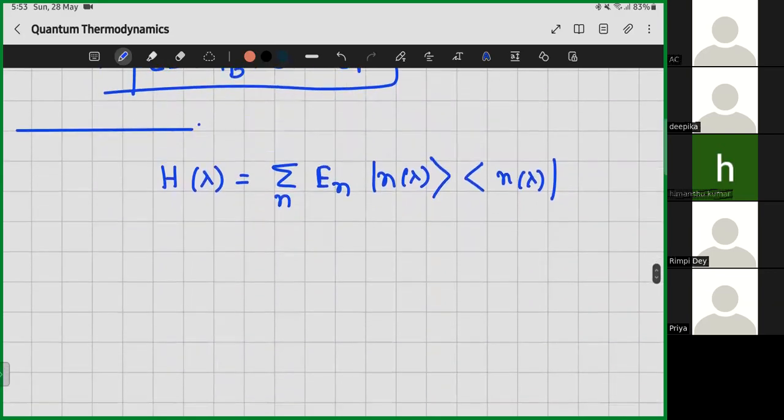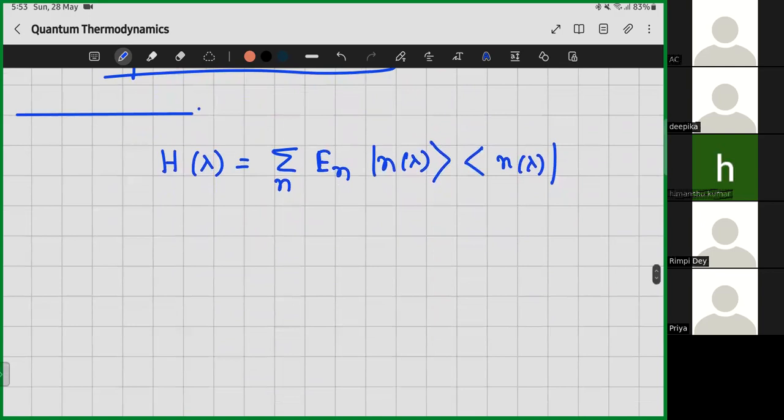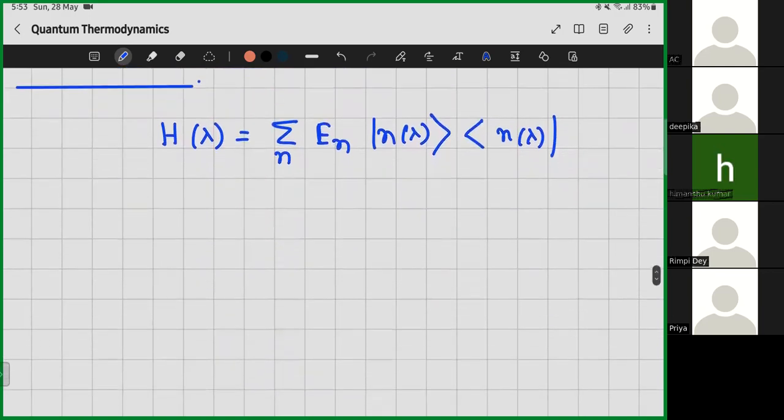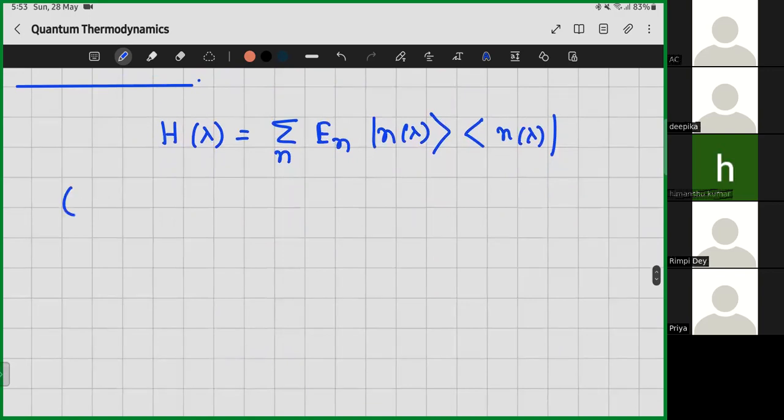In general, we can write the Hamiltonian for any quantum mechanical system like this, as the sum over the energy states and the eigenvalues. So now, if we put that in, we can write the energy U as the sum over n of Pn En.